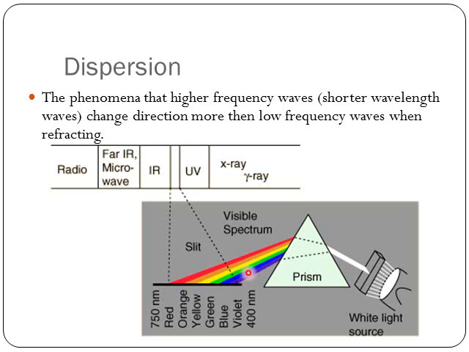So, for example, blue and purple and violet have a higher frequency than red. So when you shine white light into a prism and it transmits into a new medium, the light will refract, as all waves will when they enter a new medium.